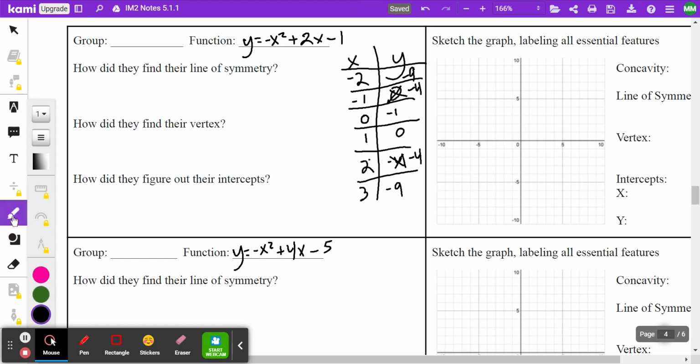Okay, -2, -9, -1, -4, 0, -1, 1, 0, and then symmetry. Smooth curve.